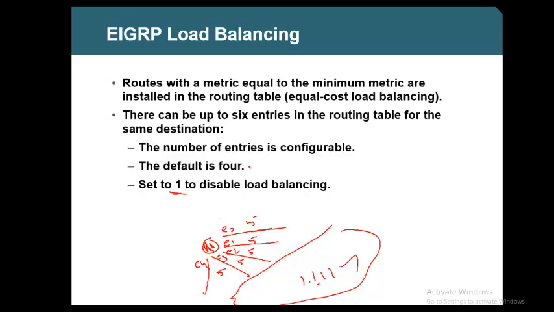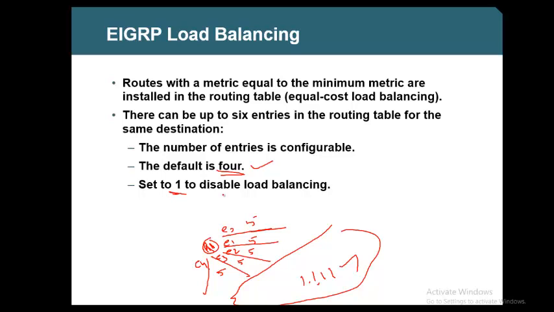By default, up to 4 of these 5 paths will be used. Load will be equally shared, because the metric is the same, so the load on each path also will be the same. If I have 400 packets to send, each link will have 100 packets, so four links, 100 packets per link.